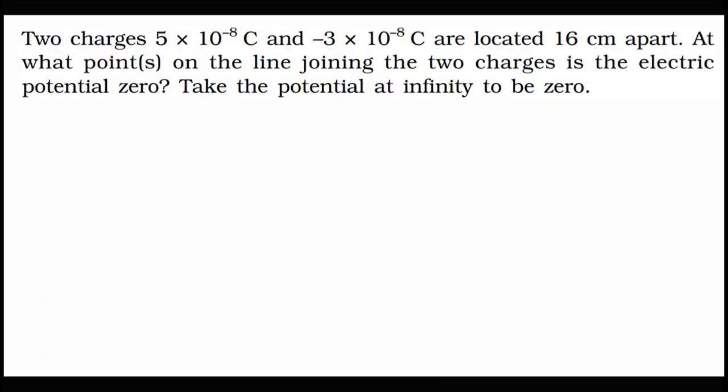So if we solve this problem, we are considering it in this way, that the charge Q1 is situated somewhere here and the other charge which we are talking about is situated over here, that is Q2, and the separation between them is d.